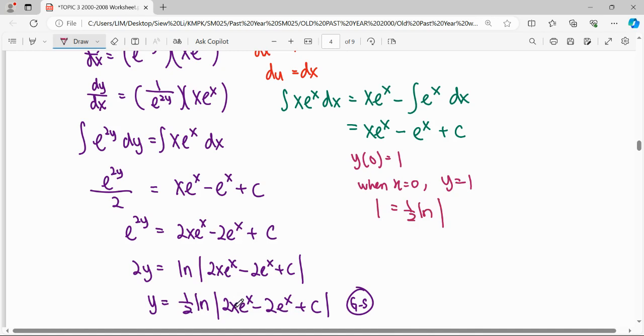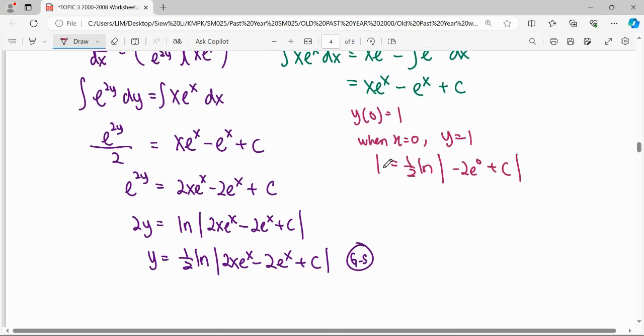So 0 times exponential 0, this one negative 2 power 0, then plus c. We try to find out the constant c here. So we move back, here is 2. This is negative 2 plus c. Then for ln we move back, it will be e to the power of 2. So c is e to the power of 2 plus 2.